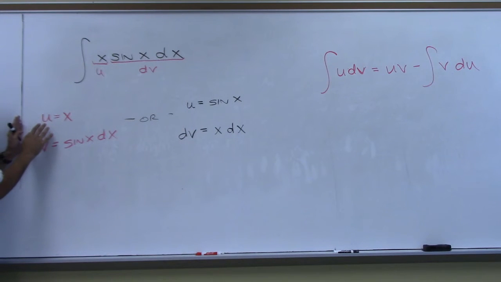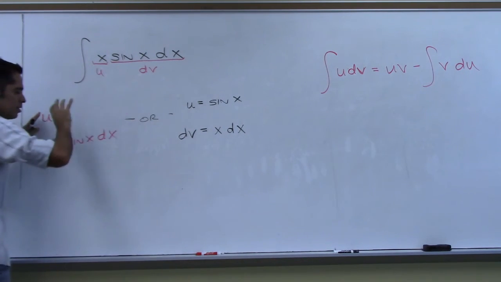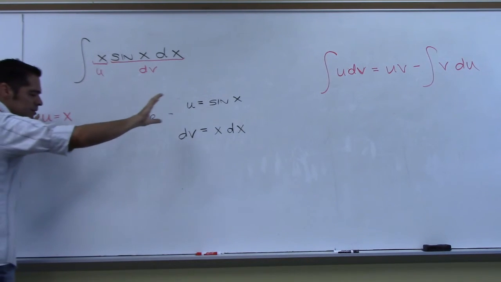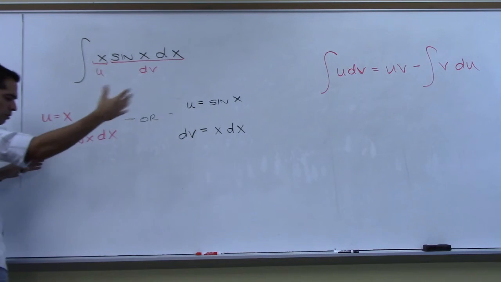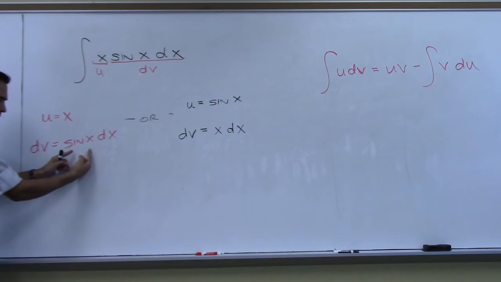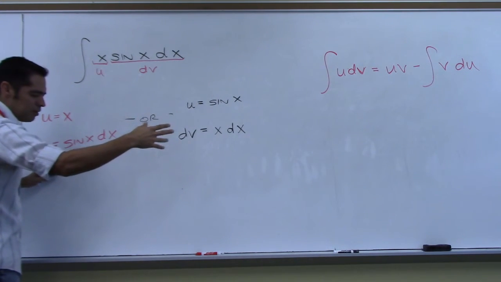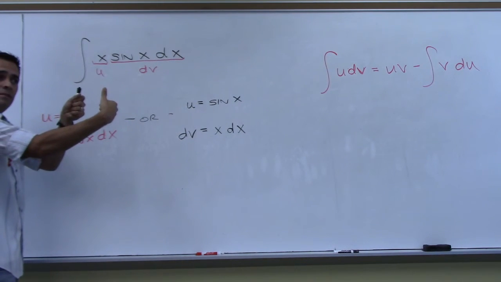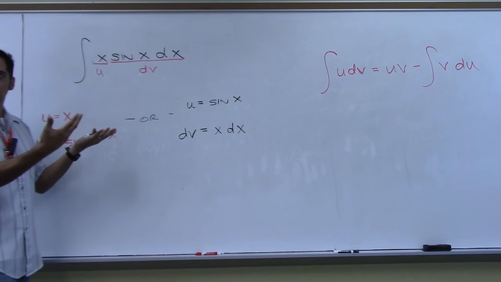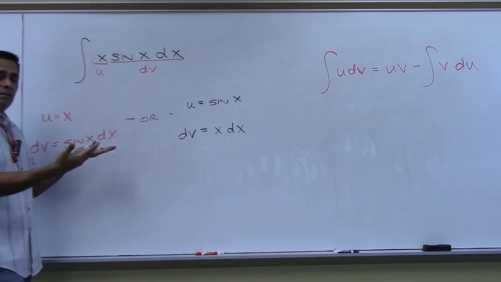Instead of working with u, I'm going to be working with the derivative of it. What's the derivative of x? 1. And then instead of working with dv, my new integral will have the antiderivative of this, which would be negative cosine x. So my new integral is going to have a 1 and a cosine in it, which is just cosine. Isn't that a nice integral?